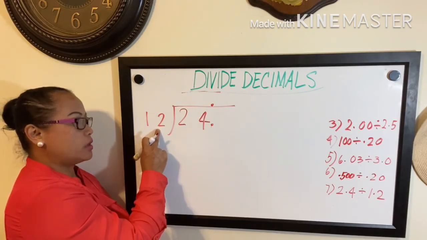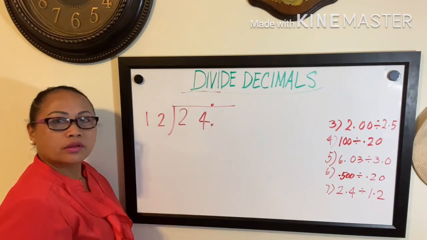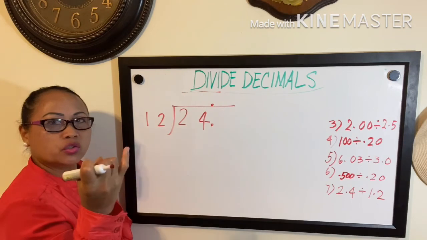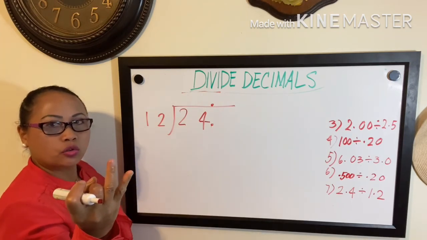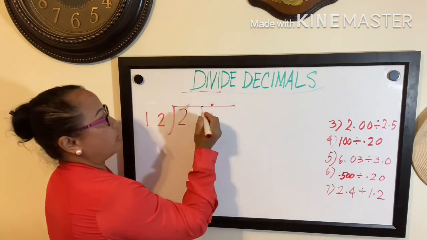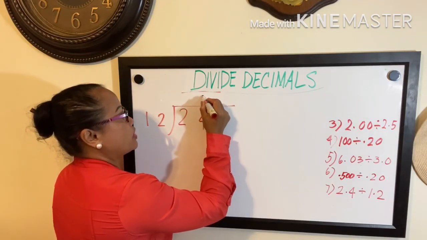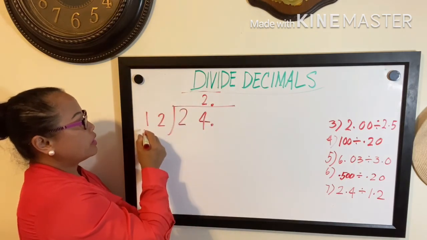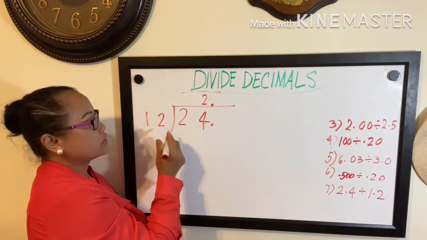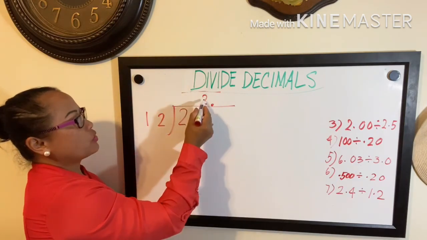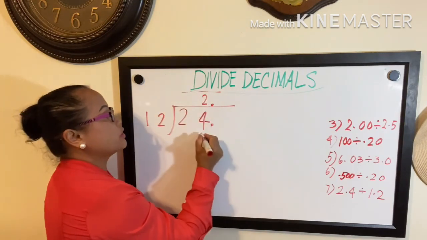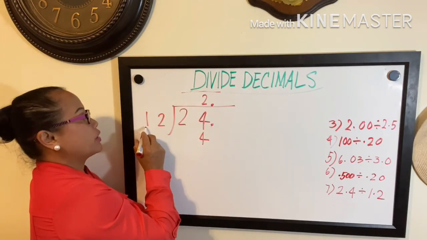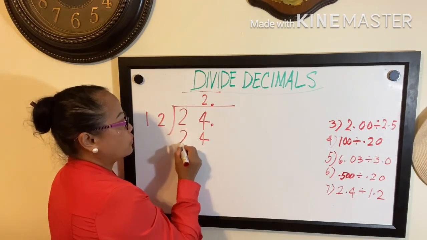How many 12s in 24? There are 2 because 12 and then another 12. 12 plus 12 is 24. So there are 2. We'll put it straight here. And then 2 times 12 is 24. Or you can just go 1 by 1. 2 times 2 is 4. 2 times 1 is 2.